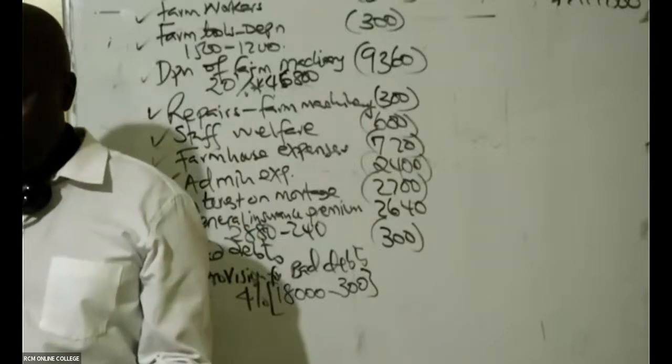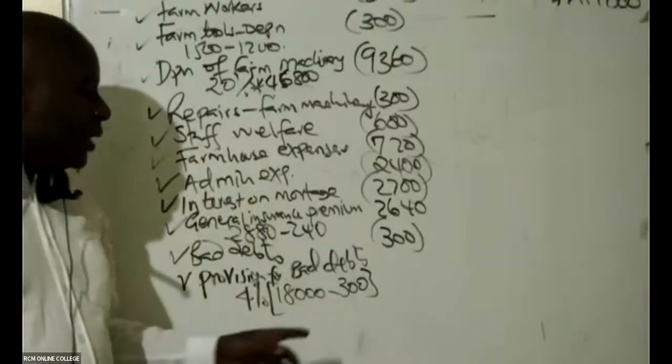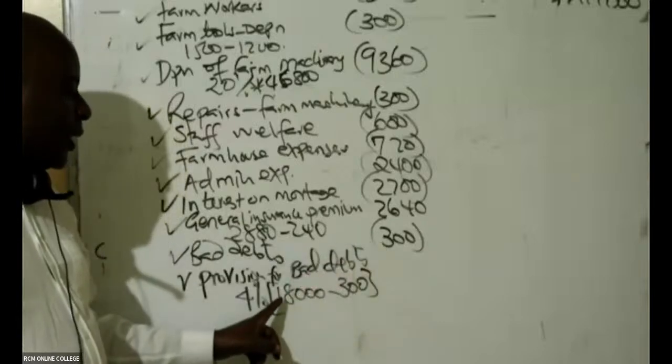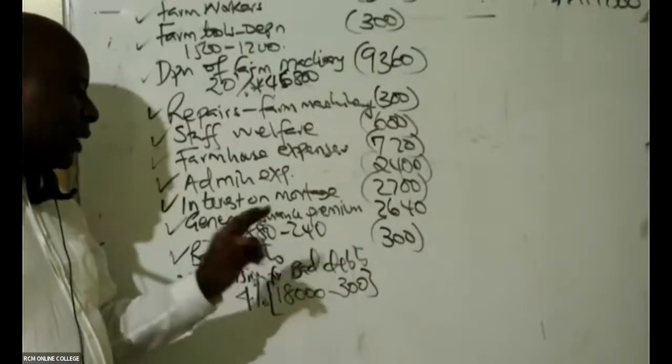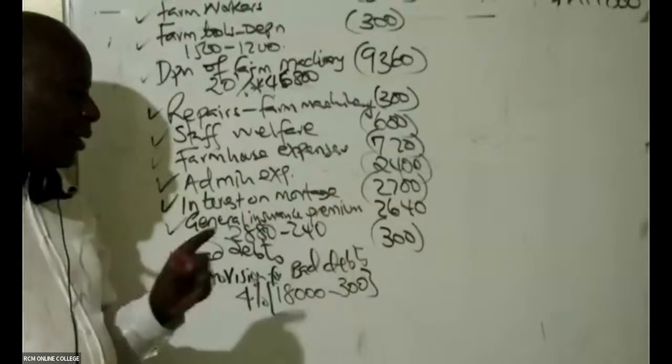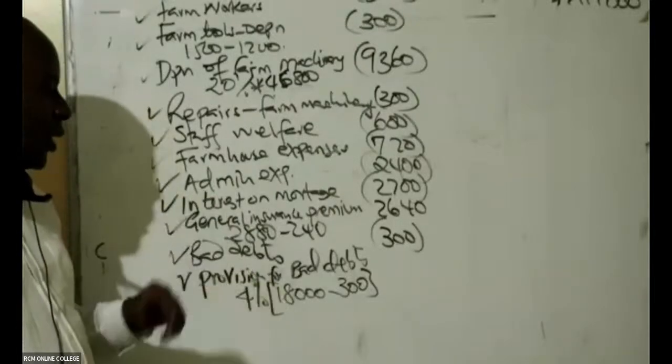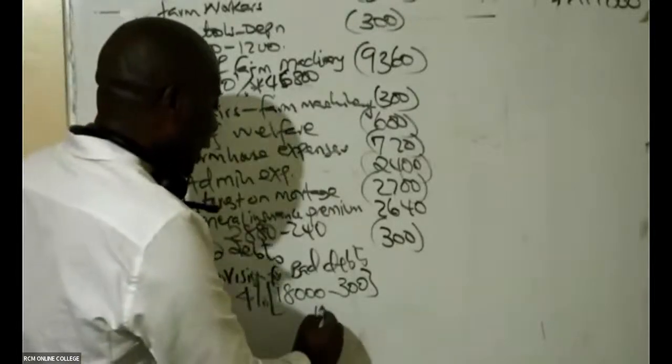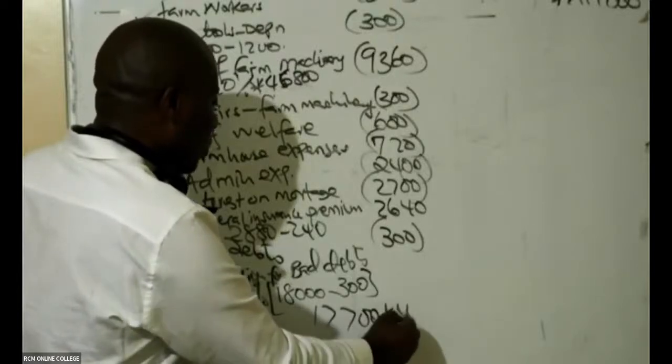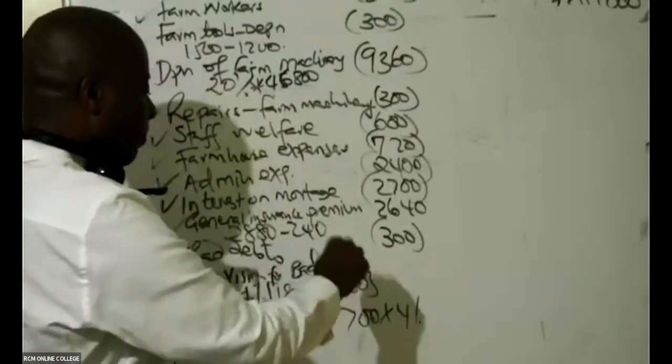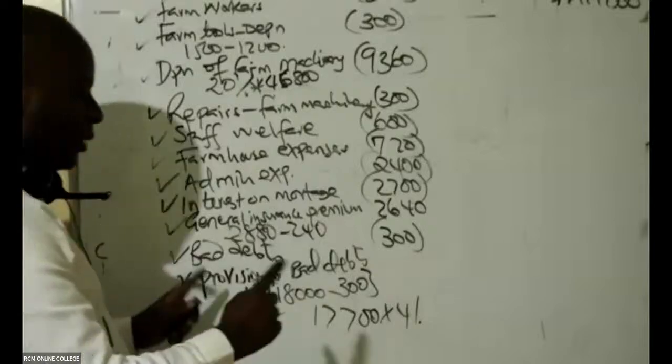Somebody is getting 600. Remember, this figure is 300, isn't it? What is 18,000 minus 300? It's 17,700. Times 4%. Remember BODMAS: you must first of all handle what is in brackets.